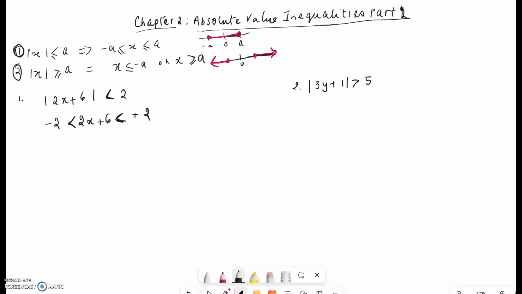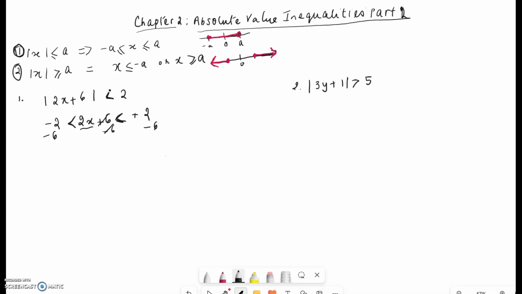Now all we have to do is solve for x just like any other inequality. But follow the rules. The direction of the inequality does not change. We're trying to solve for x, which means we get 2x by itself first. We subtract 6 throughout because we want to get rid of the 6 in the middle.